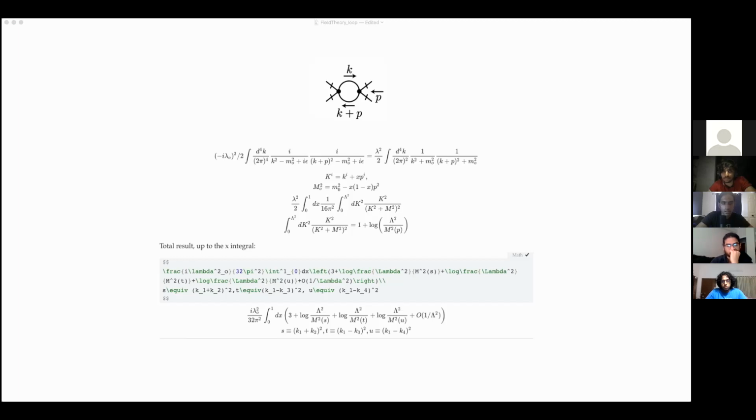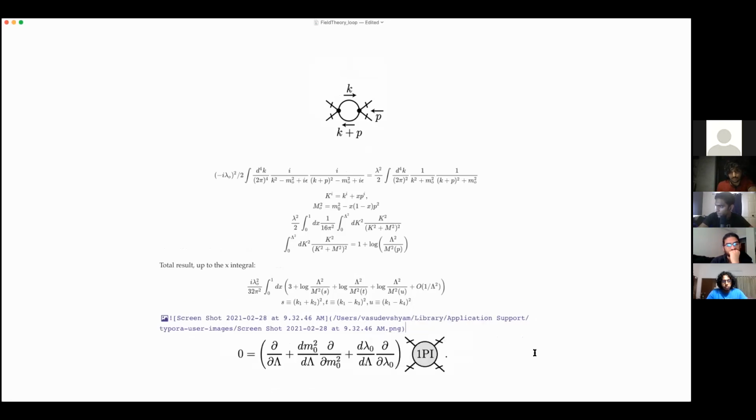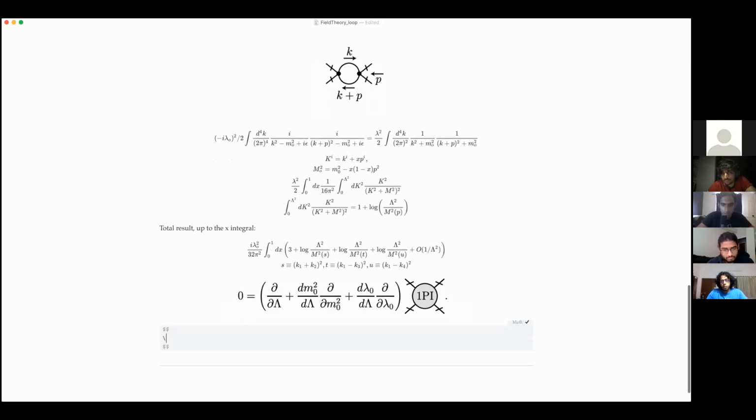Let me just get it on Finder again. So if I could resum all of the 1PI diagrams, then I could evaluate this exactly. Here, I just go up to one loop. What you get when you run the derivatives through is something that looks like this.